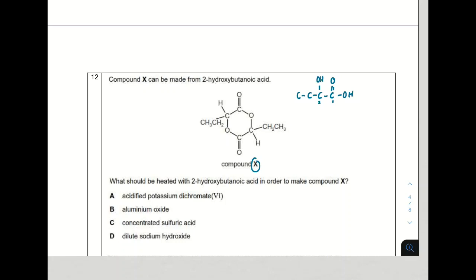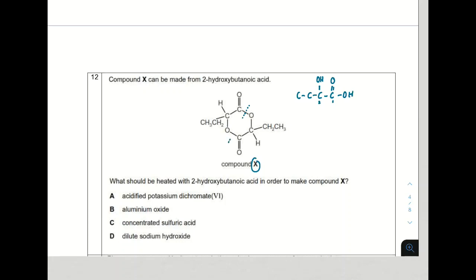And then we look at compound X over here. If we try to break the bond over here, you can see that this is an ester bond.